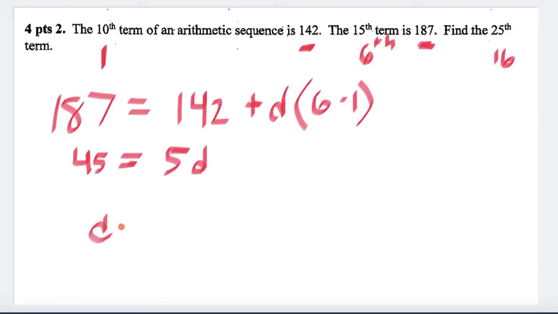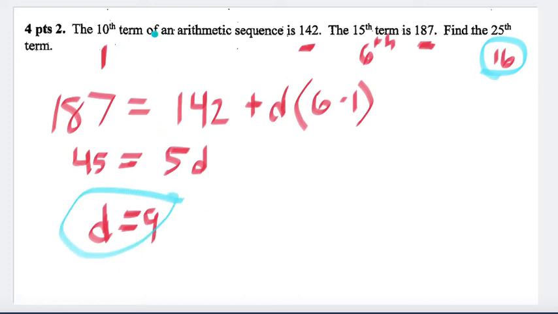Now that I know d is 9, I'm going to go back to the original equation but change the values. Probably shouldn't say the original equation. I'm going to try to find the 16th term now that I know the common difference is 9. And the first term is 142. Remember, I changed it from 10 to 1 and 26 to 25 to 16.